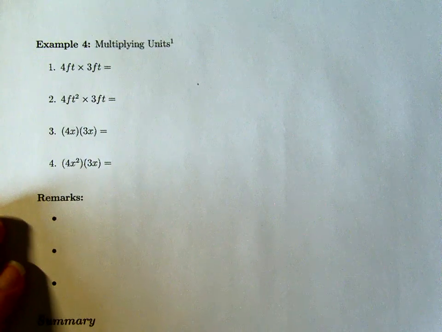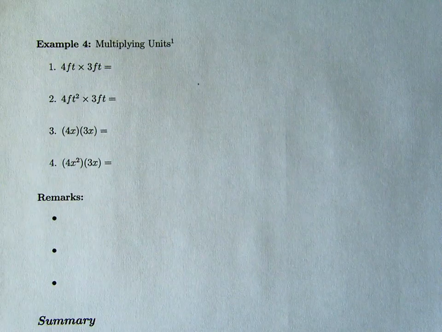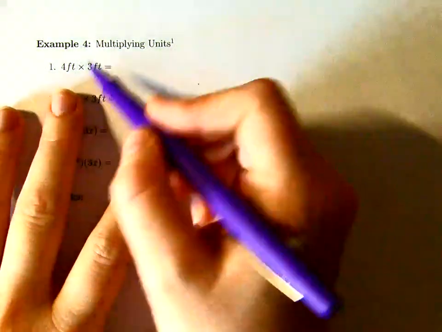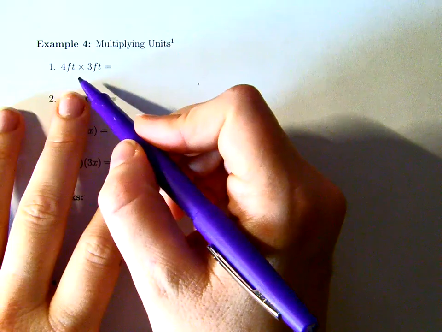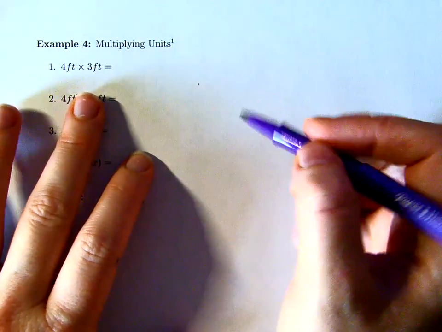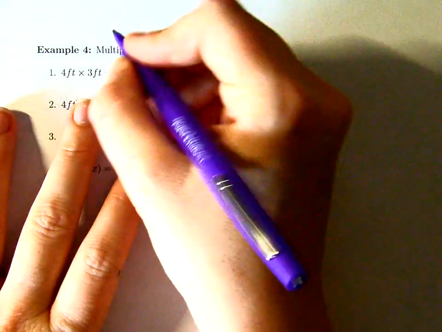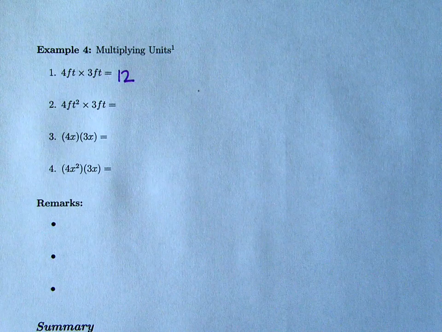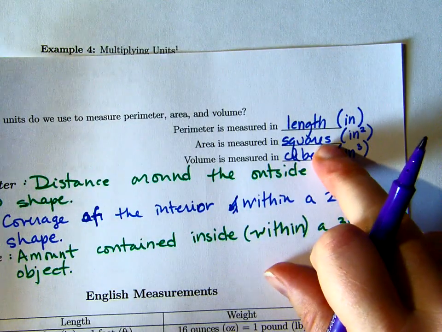Now let's talk about that multiplication of units, because we just did it a couple of times and I just broke it up a little bit. So here, this looks like the area of a rectangle. It's a 4-foot by 3-foot, which when we multiply 4 by 3, we get 12. But this is the area, and remember that area is in squares.